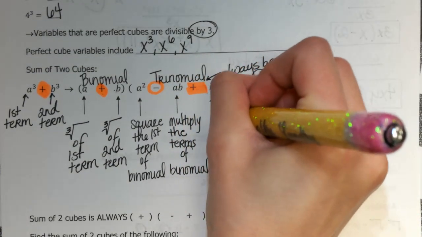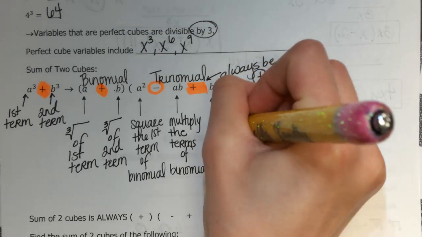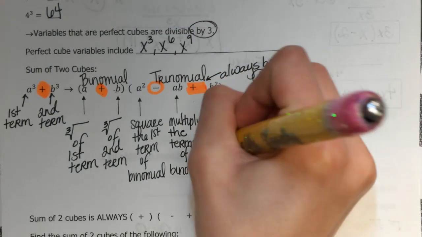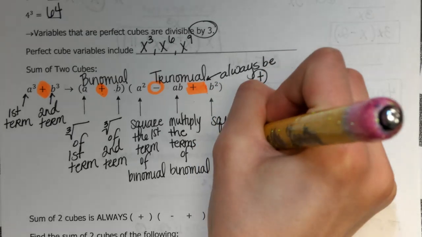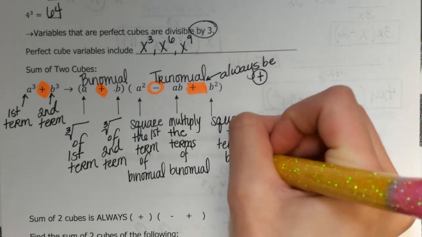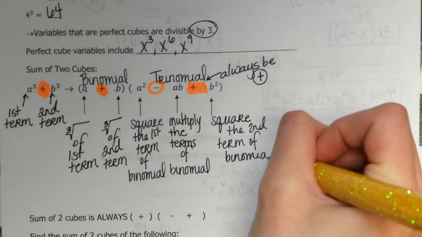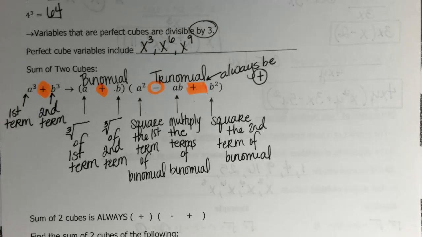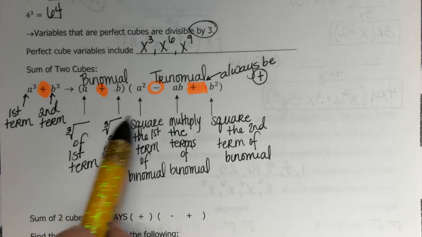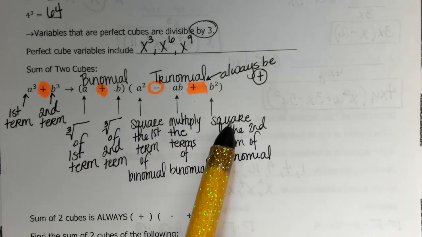You square the second term of the binomial. Okay? This pattern is really easy. It looks like a lot at first, but it's really easy.